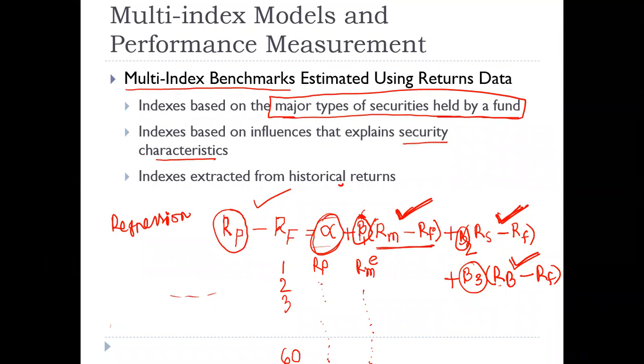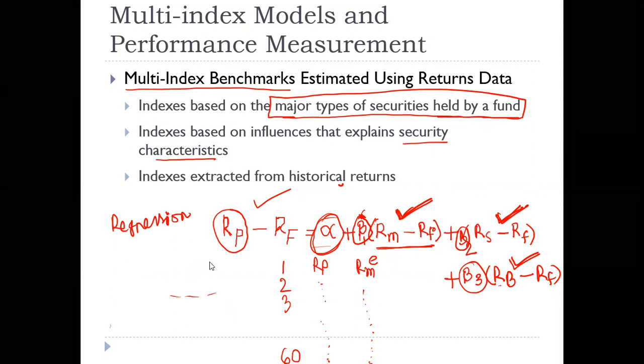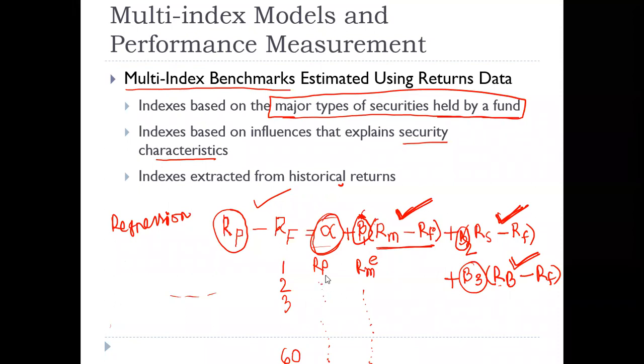So market return should be the independent variable and my portfolio return is the dependent variable, obviously excess return in each case. If we do a time series regression using this 60 months of data, we'll get a beta.